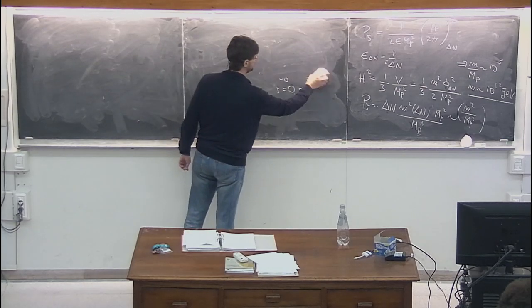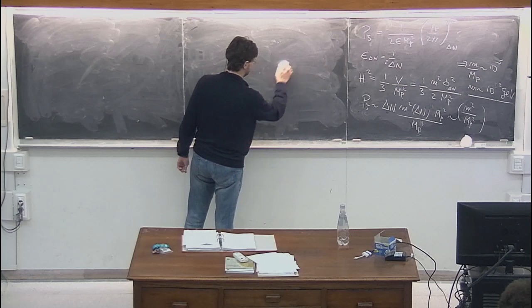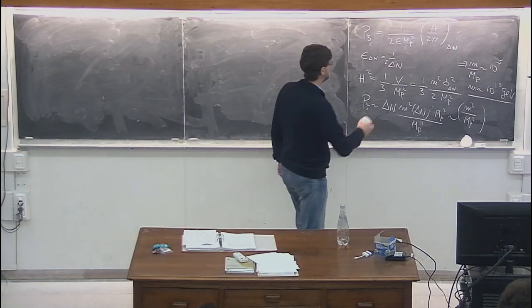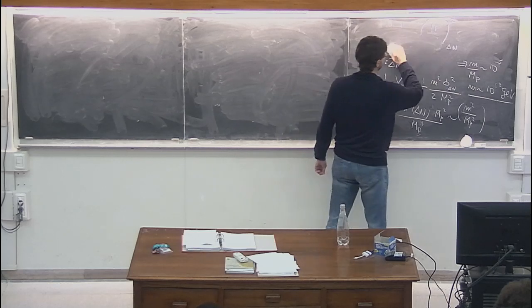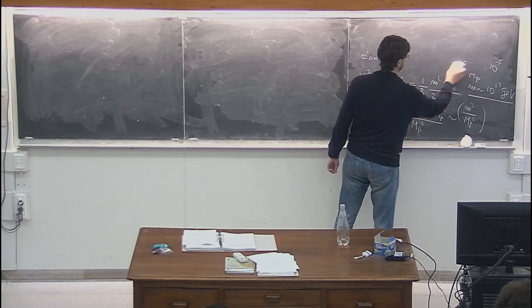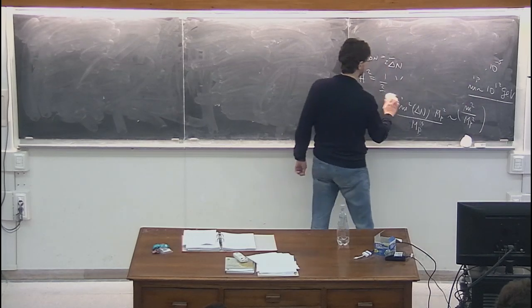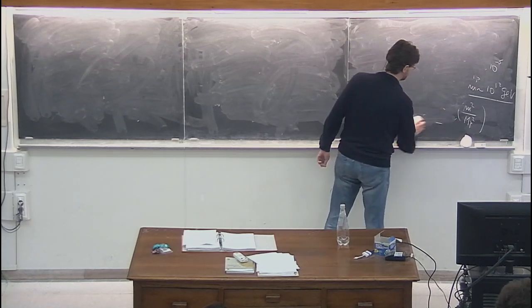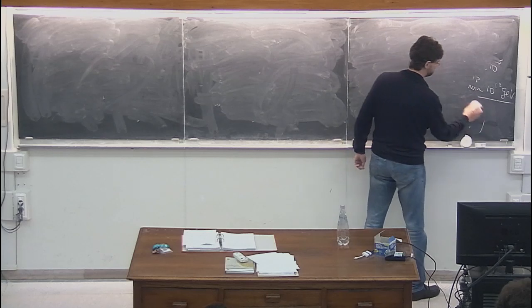So far we only looked at the scalar perturbations, but of course inflation is making another prediction, which is the fact that you also have gravitational waves produced during this period, or better to say tensor modes. And let's compute their power spectrum.